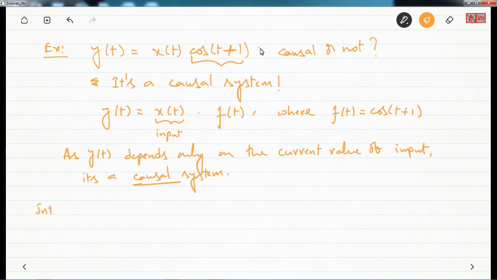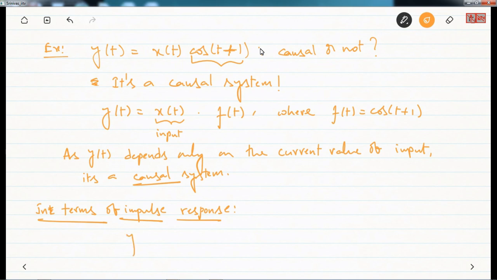Now, in terms of impulse response, say for example, if I gave you the impulse response of a linear time invariant system, and I ask you to find out whether the system is causal or not, how do you do that?